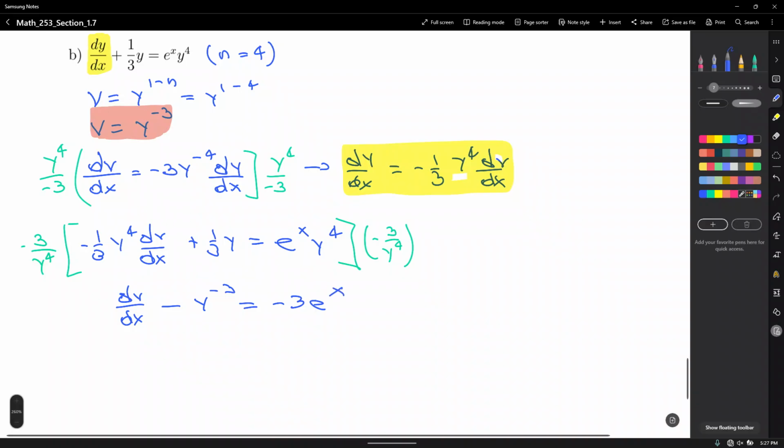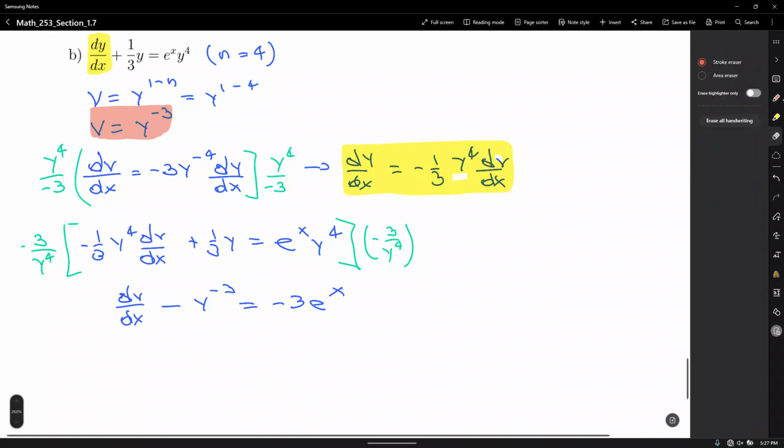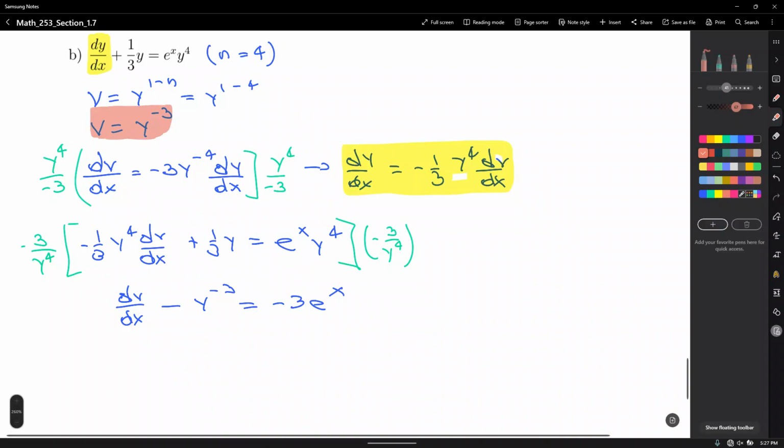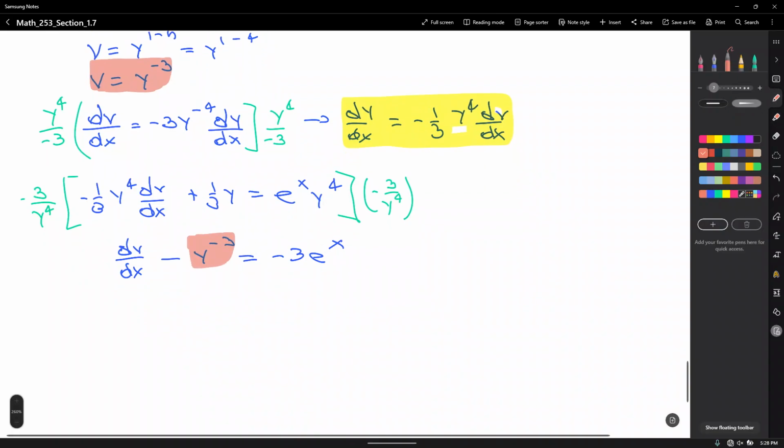So yes, we got rid of the y to the 4th, but we still have that y to the negative 3, which still makes the equation nonlinear. However, remember the substitution here? That's actually our v. Now we have an equation in terms of v: dv dx minus v equals negative 3 e to the x.